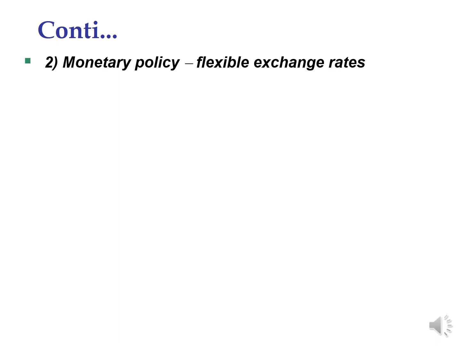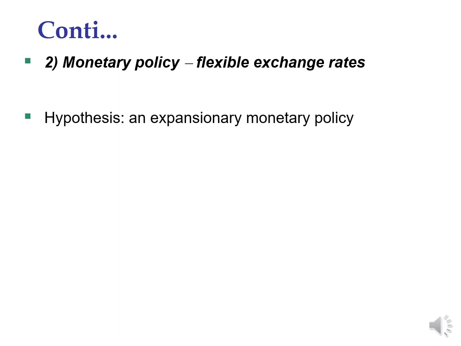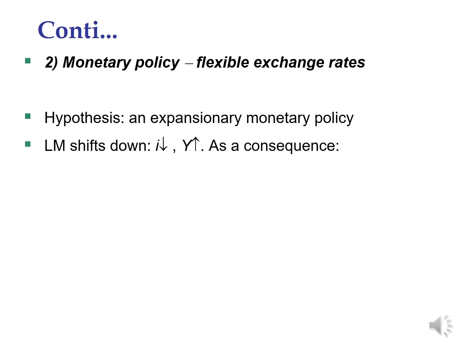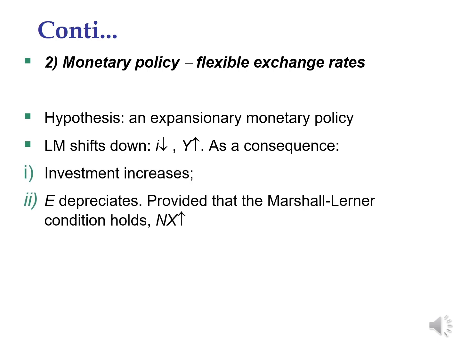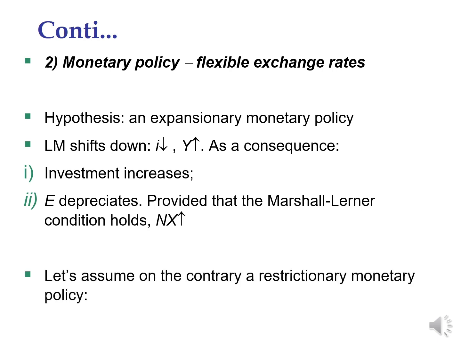Monetary policy under flexible exchange rate. Suppose an expansionary monetary policy. The LM shifts down, so the interest rate decreases, output increases as a consequence, and investment increases. The currency depreciates, so provided that the Marshall-Lerner condition holds, net exports increase.